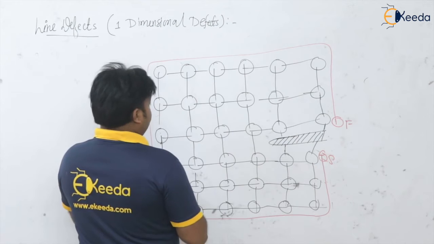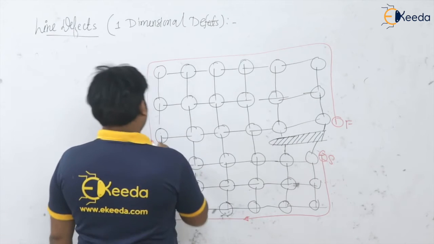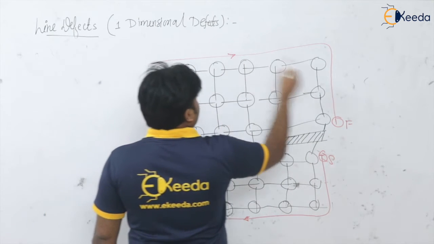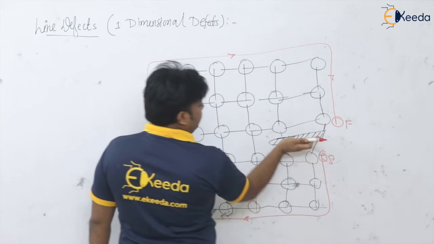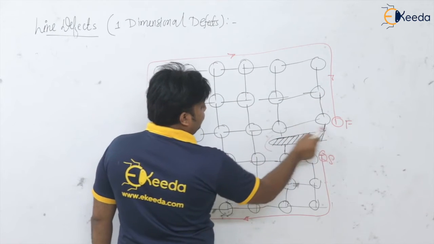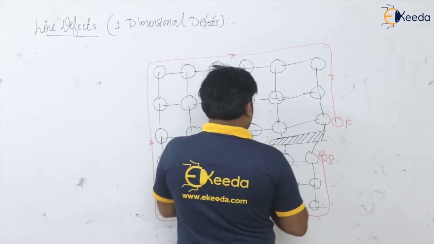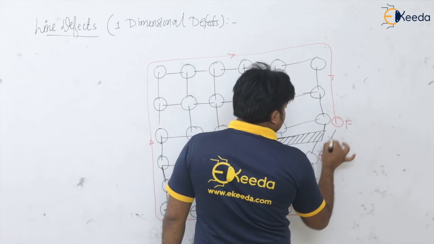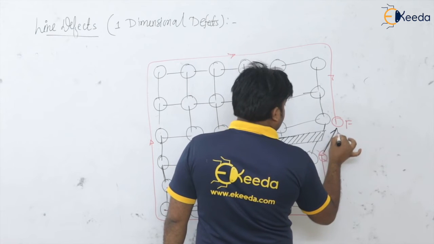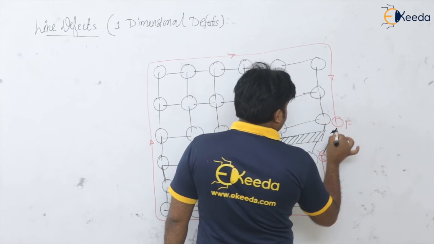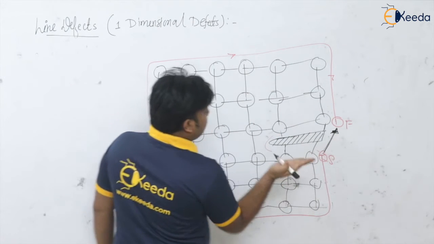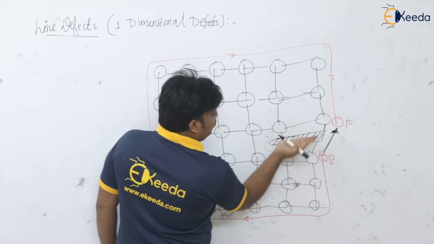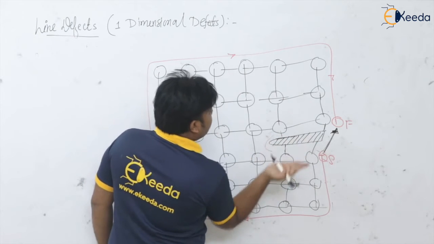And I give this direction to the circuit, because of the presence of the screw dislocation. Now here you will get the Burgers vector from start to finish like this. Please remember this is the screw dislocation inside this crystal.